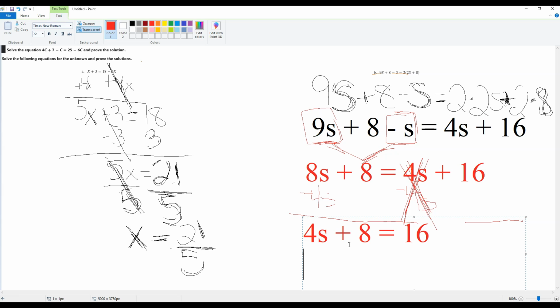So I'm going to do that in my head, so I'm left with 4s equals 16 minus 8 is 8. And then the last step is we're going to divide each side by 4. So 4s divided by 4 is just s. And 8 divided by 4 is 2, so s equals 2.